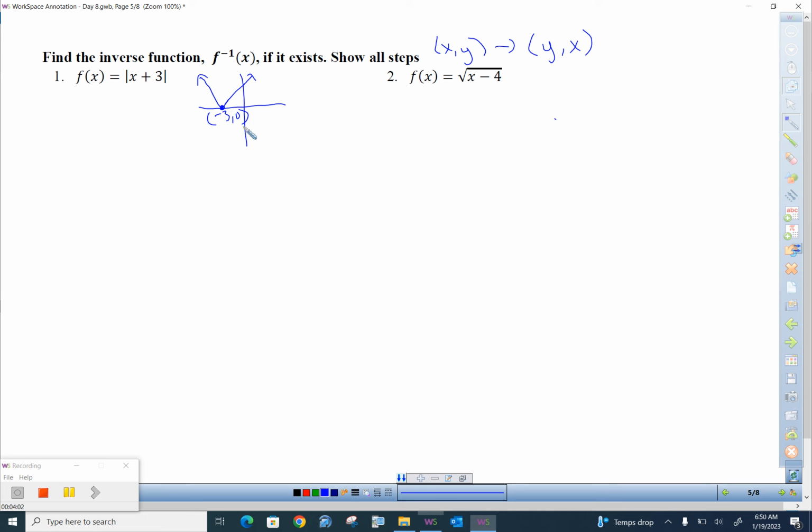But that's not the only thing that happens with an inverse. Okay, since all of them change, there's actually this reflection that's happening over the line y equals x, and I won't need you to draw this on all of them. I just want to talk about it for this very first one. And when we do this, we've got this point, we said 0, -3, and then this reflects here, and this one reflects this way.